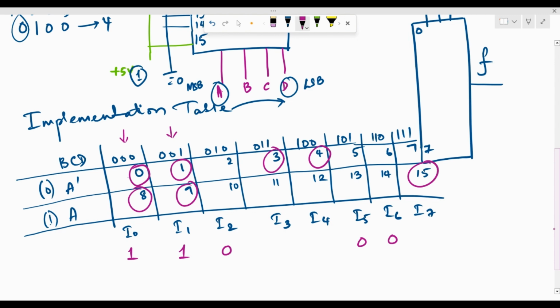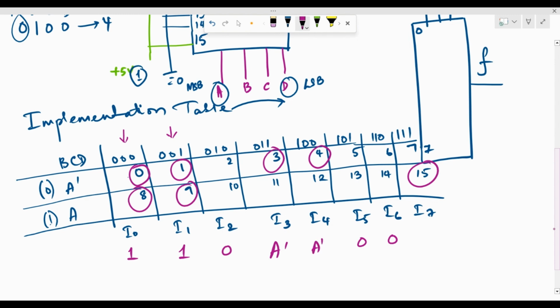Here, only one of the numbers is circled. So here we see I3, the row corresponding to A dash is circled. Therefore, I3 is going to be connected to A dash. Similarly, I4, the row corresponding to A dash is circled. Therefore, I4 is also going to be A dash.